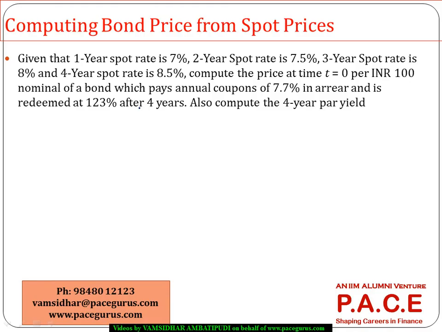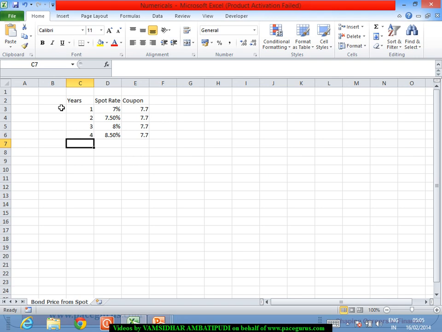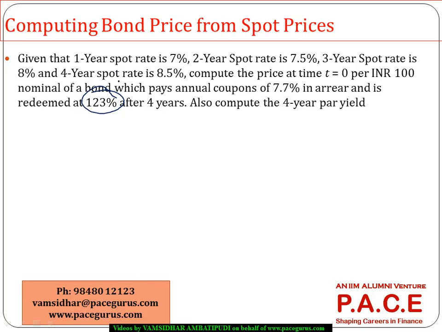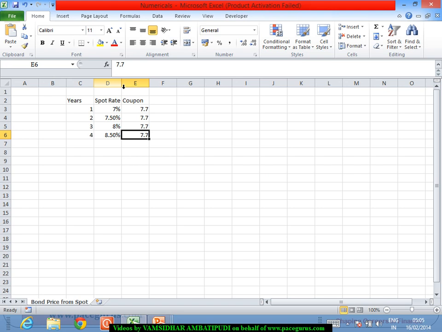But at the same time, it is said that it is redeemed at 123% after 4 years, meaning at the end of the 4 years, at maturity, the redemption price is 123% of 100. So along with this coupon in the final year, even a principal redemption value of 123 is also being paid.